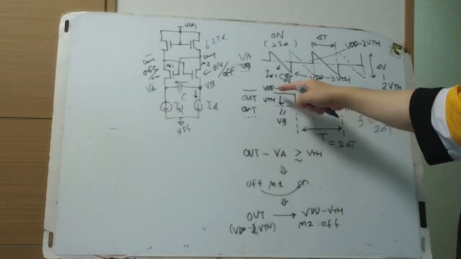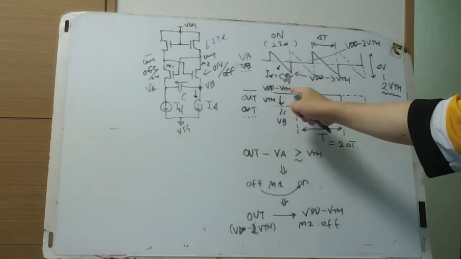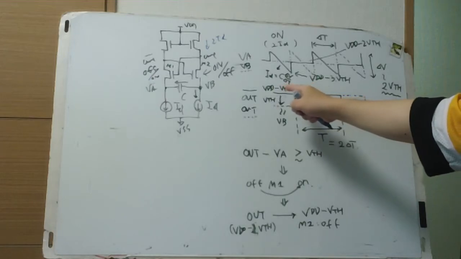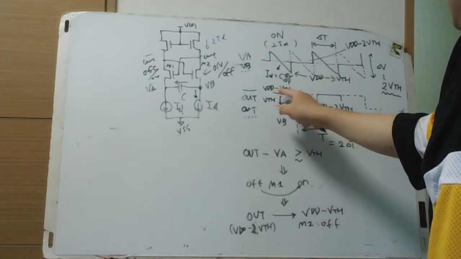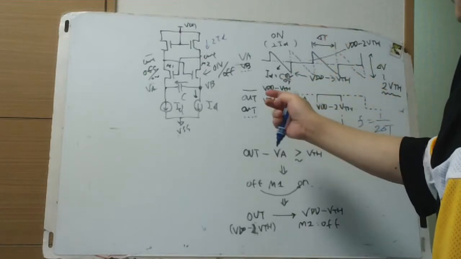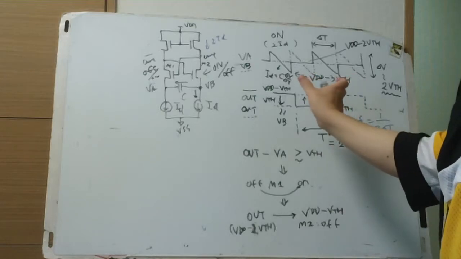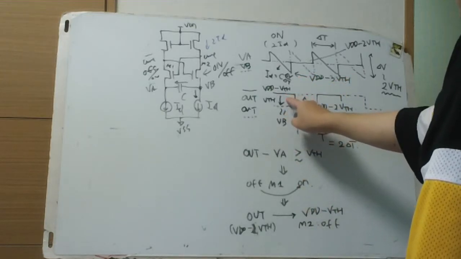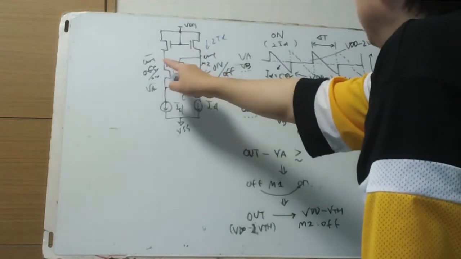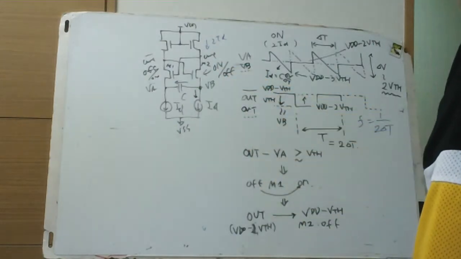Of course, this is going upward as time goes. Around that time, it is VDD minus VTH upper voltage, but with very little variation within this decade. So approximately outbar is VDD minus VTH when M1 is off and M2 is on.